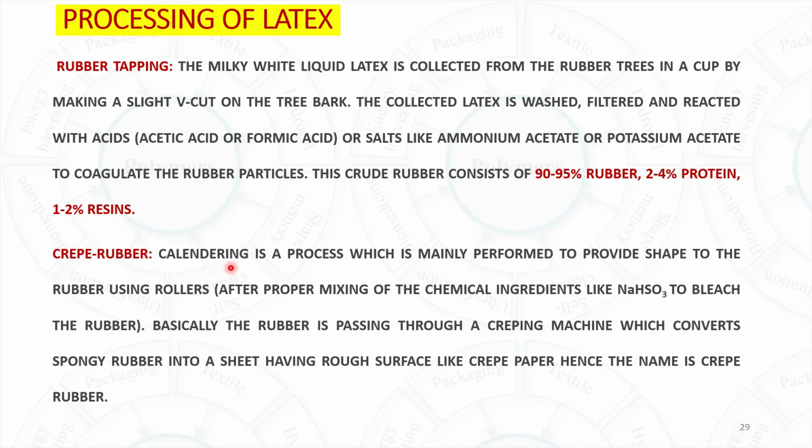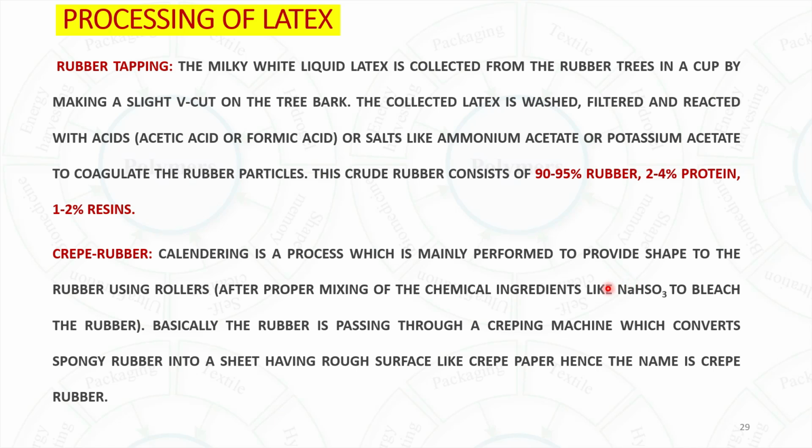Okay. So calendering is a process which is mainly performed to provide the shape to the rubber using rollers. As I have explained, making of chapati with the help of the roller on a certain platform, right? But this calendering is done after the proper mixing of chemical ingredients like sodium bisulfite. Sodium bisulfite is basically used to bleach the rubber.